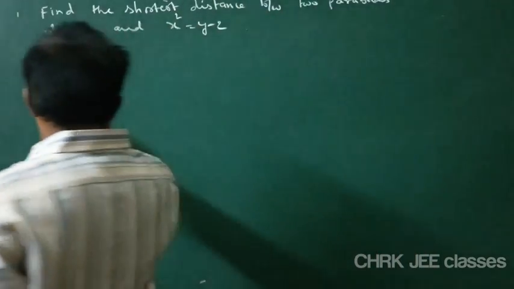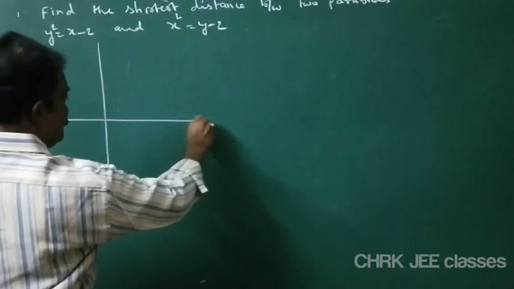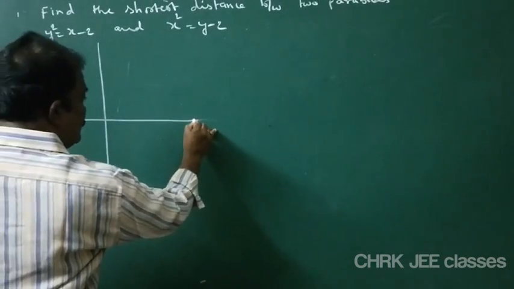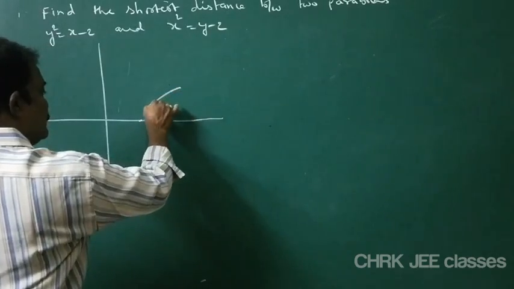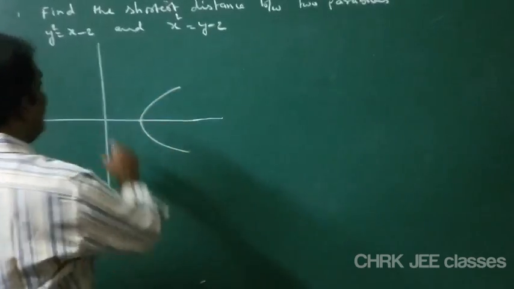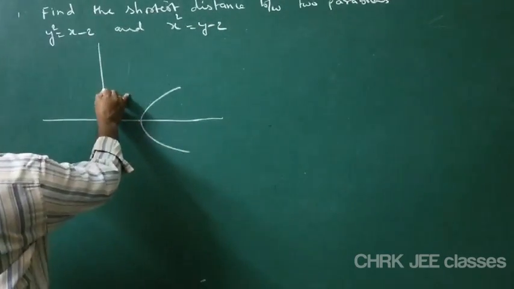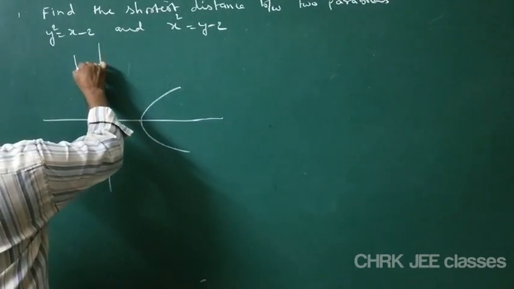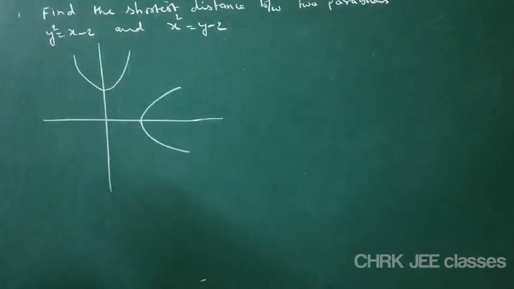Now observe the diagram. Here, this is the parabola y square equal to x minus 2 with vertex (2, 0) and this is the parabola x square equal to y minus 2 with vertex (0, 2).